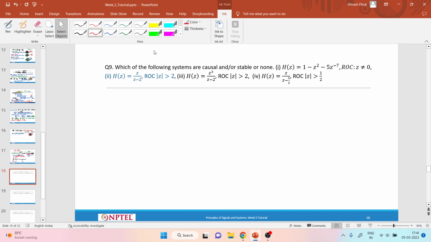Okay, so now let us look at the next part of this question. Here h of z is equal to z upon z minus 2, and magnitude of z is greater than 2, and this is of our standard form, so we can clearly see that this h of n is simply 2 power n into u of n.